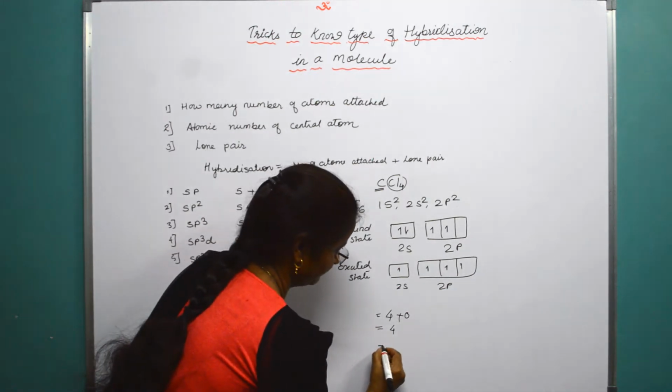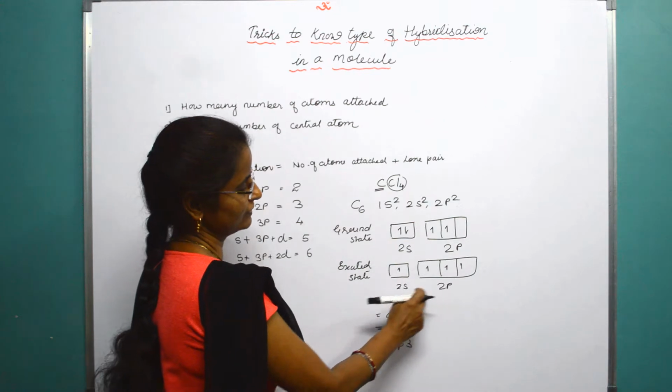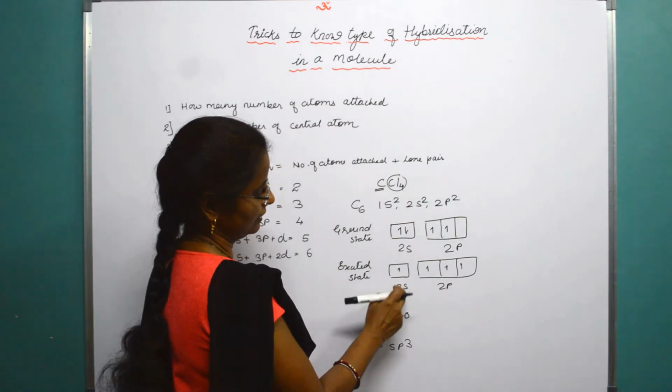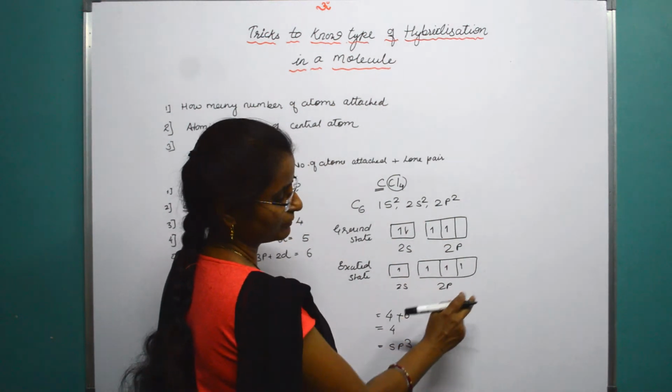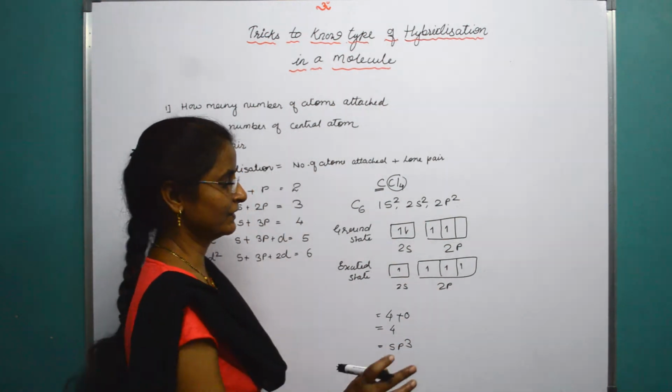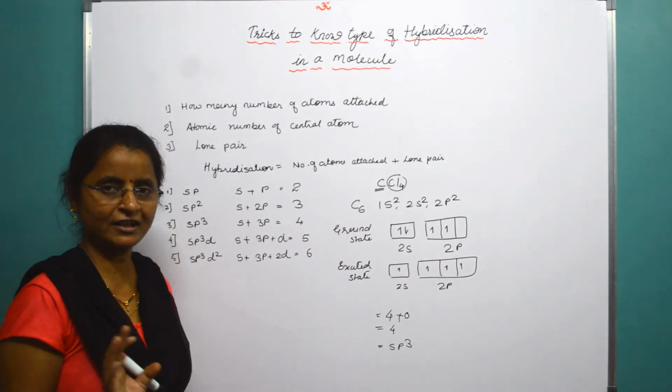So in CCl4 the hybridization is sp3, and it is also clear that one s orbital and three p orbitals are available, so the geometry is tetrahedral.